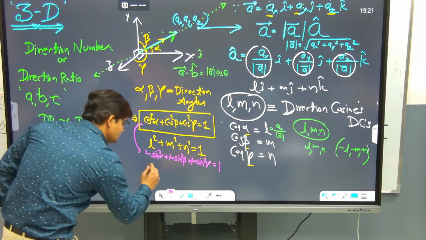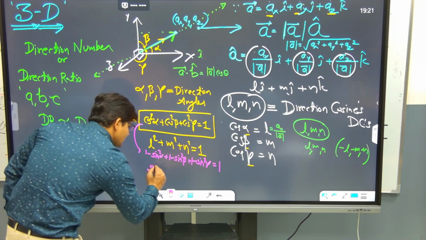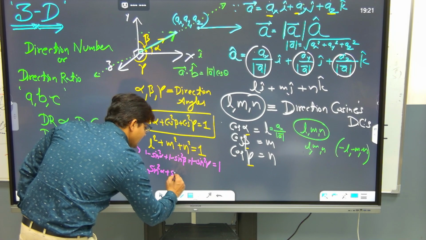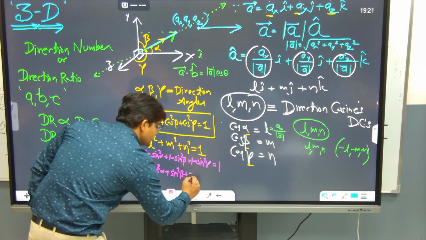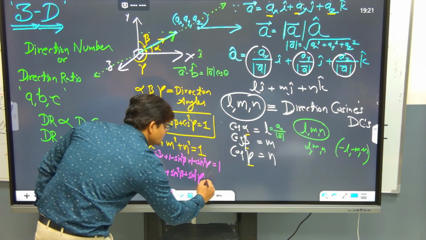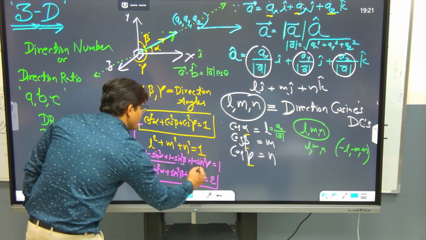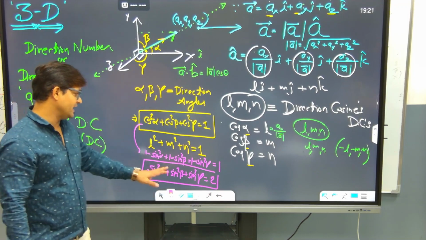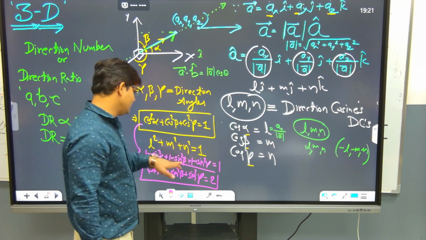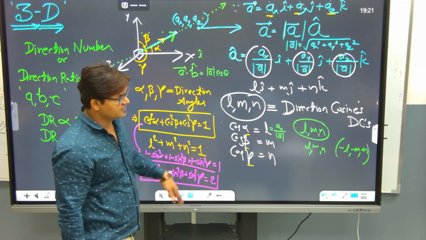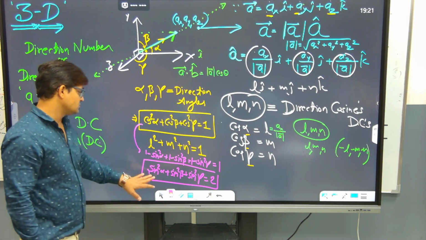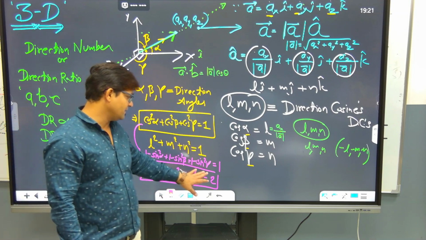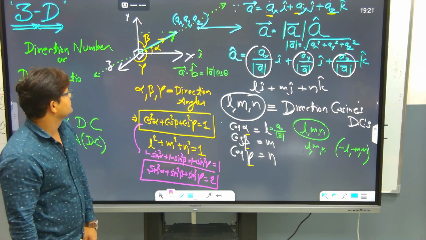So 1 and 1 cancel out. Taking all the minus terms to the right side, we can write this in terms of sine: sin square alpha plus sin square beta plus sin square gamma equals 2.